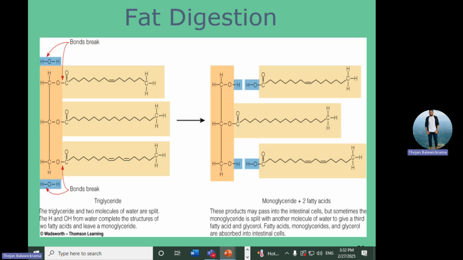You can have a look at this. This is partial hydrolysis. I wrote only 2 fatty acid molecules. I'm asking you to write the reaction for the complete hydrolysis of that fat.